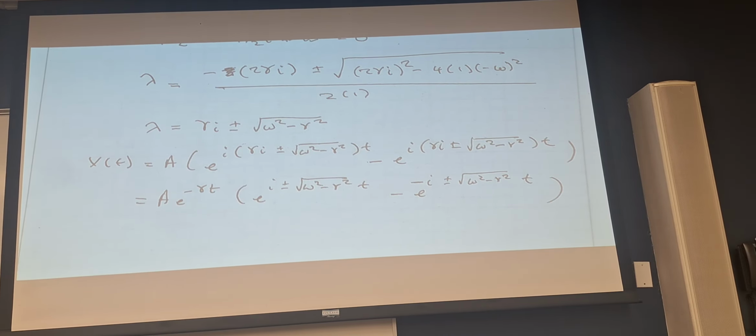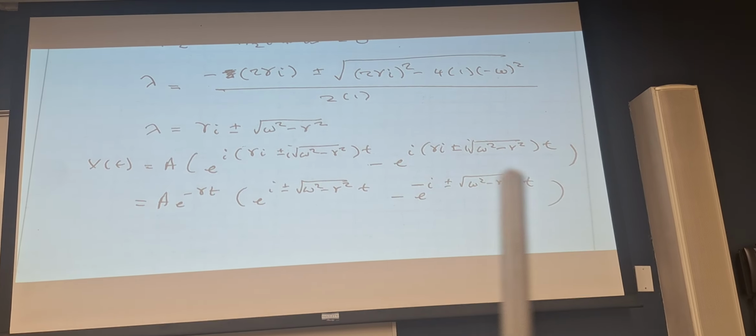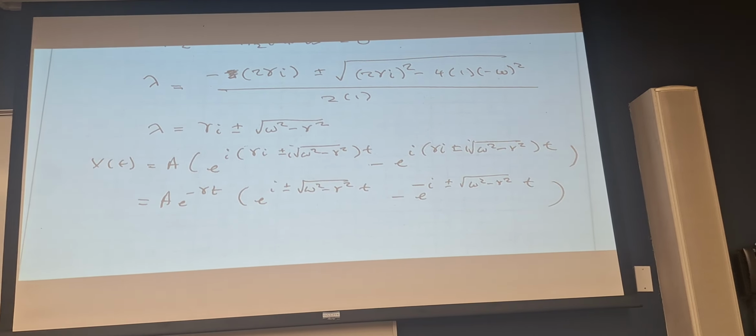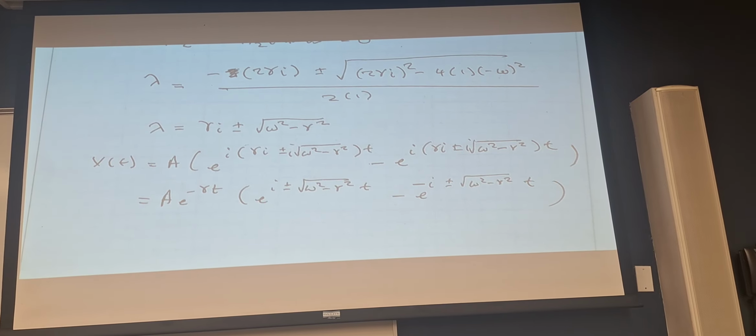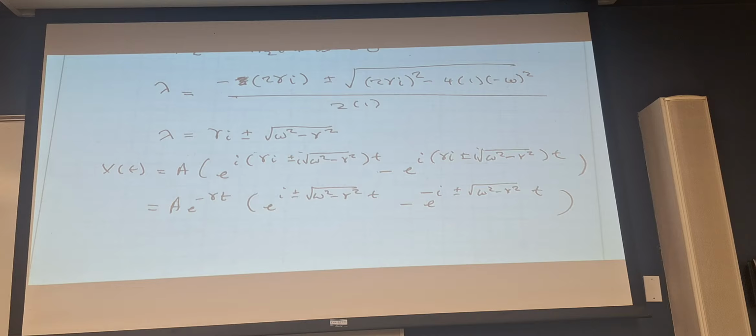Where's the two t? He took out the t's, but the t's are still there. No, it's e to the negative gamma t. It's a power.